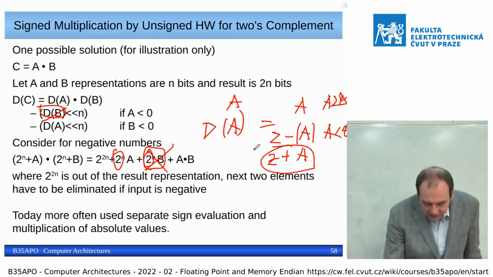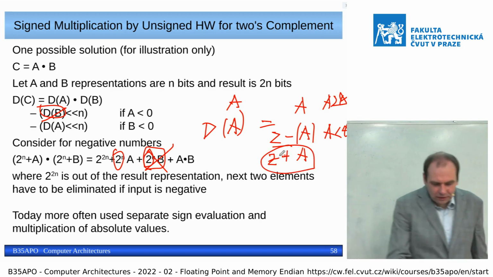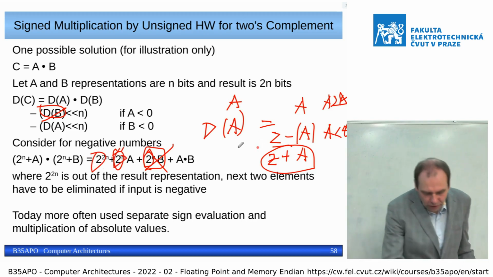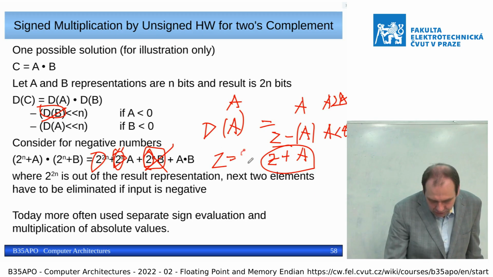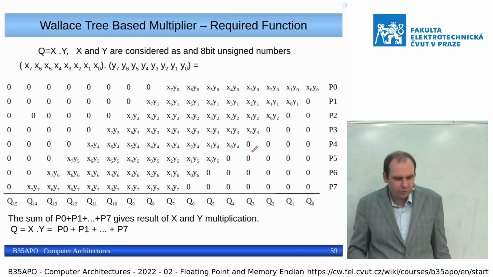And we see that this Z in fact gets into our result. So this Z is modulo 2 to n, where n is the number of bits on the input.